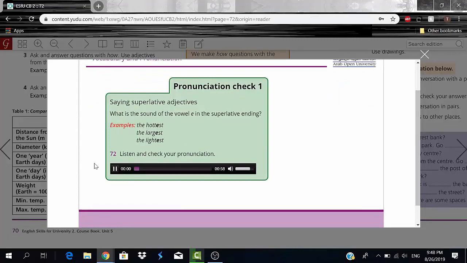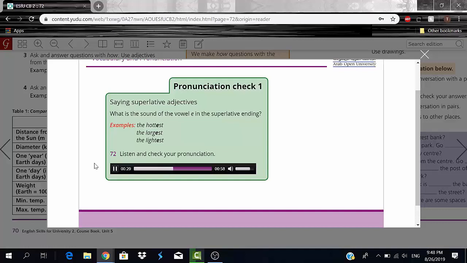Here you go. 72. Lesson 3. Vocabulary and Pronunciation. Pronunciation check 1. Listen and check your pronunciation. The hottest. The largest. The lightest. The coldest.